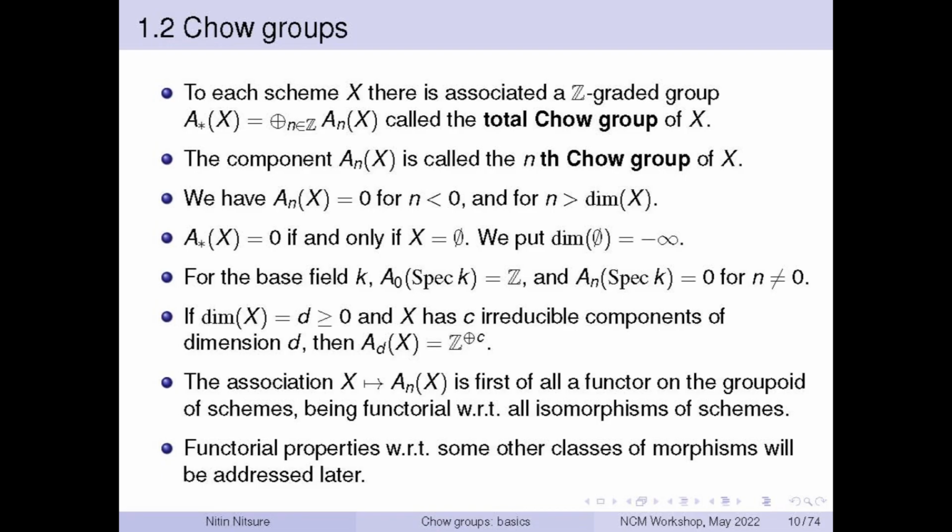No, that doesn't happen. But at least it is a functor with respect to isomorphisms. So if I take an isomorphism of X with Y, then it will induce an isomorphism from A_n X to A_n Y, in a functorial manner. To the identity isomorphism, it will attach the identity homomorphism. To a composite, it will associate the composite. So this is a functor with respect to all isomorphisms to start with.